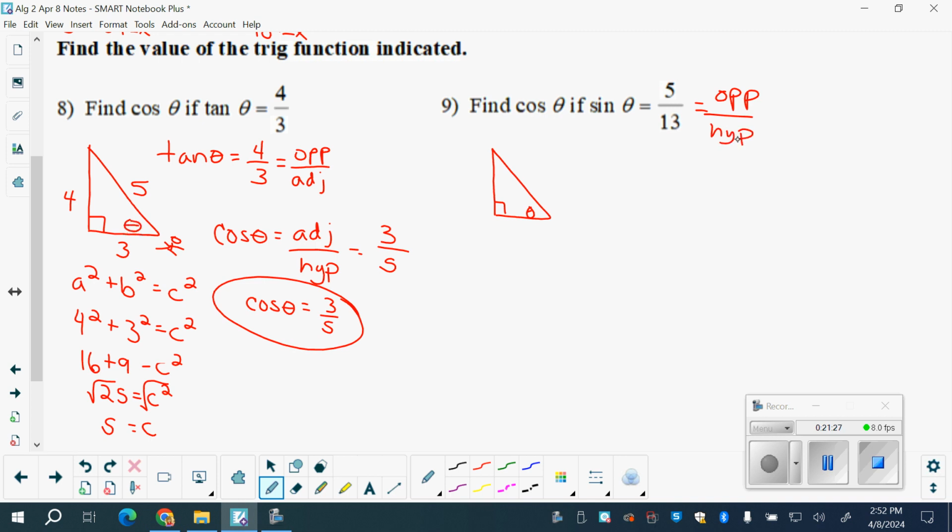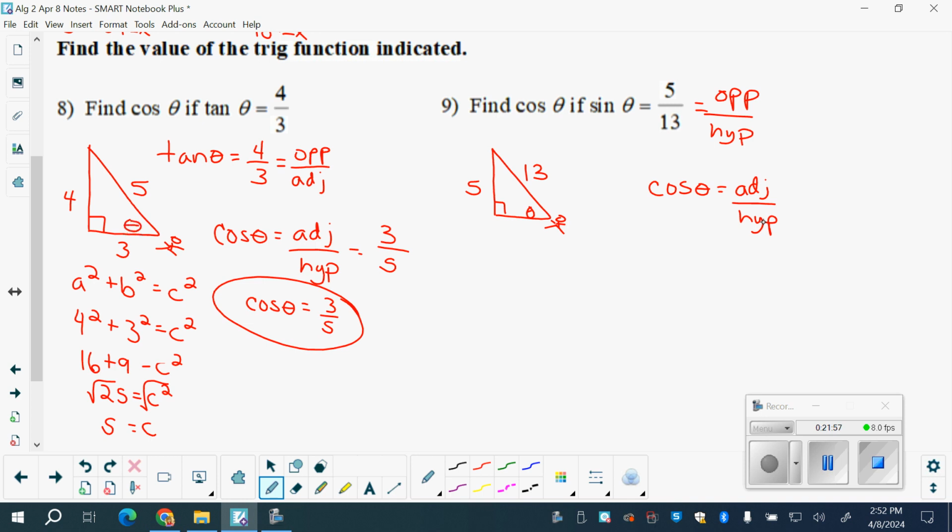So then the opposite from that is going to be 5, and then our hypotenuse is 13. So now what we want to do is find cosine. Again, that's adjacent over hypotenuse. So do we have the adjacent?